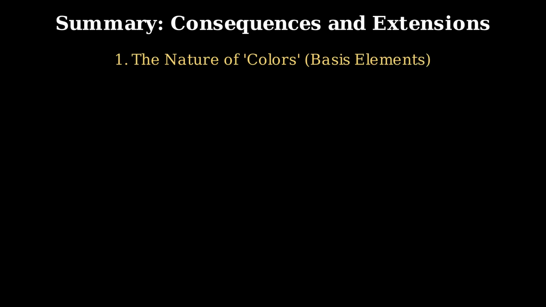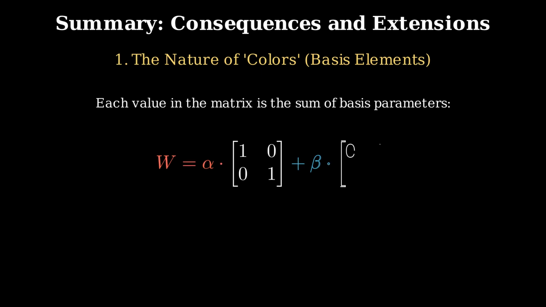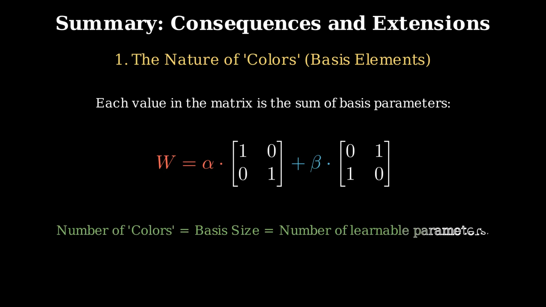Let's discuss the consequences and extensions of parameter sharing. First, let's reflect on the nature of colors, also known as basis elements. As we've seen, each value in the weight matrix can be represented as a linear combination of these basis parameters. The number of unique colors, or the basis size, dictates the exact number of learnable parameters in the neural network layer.